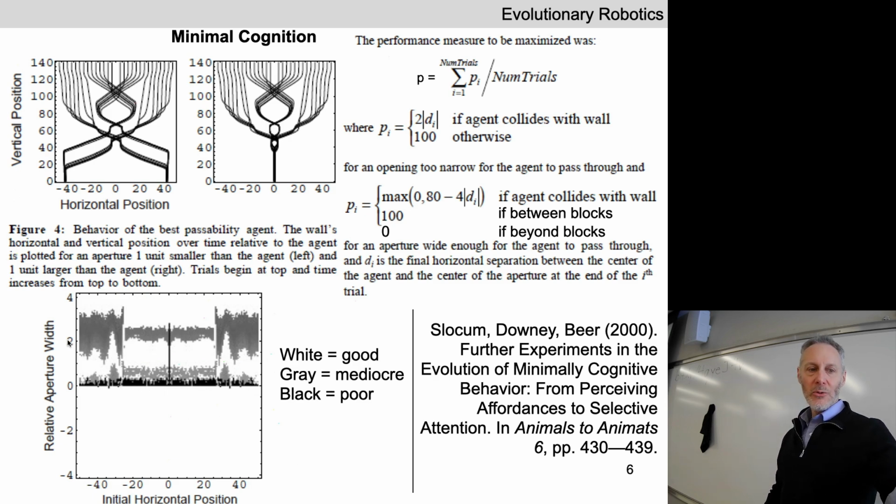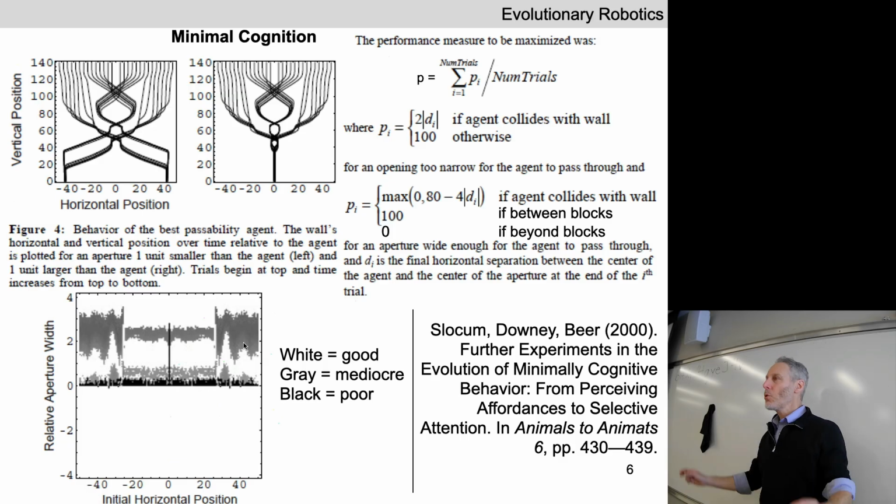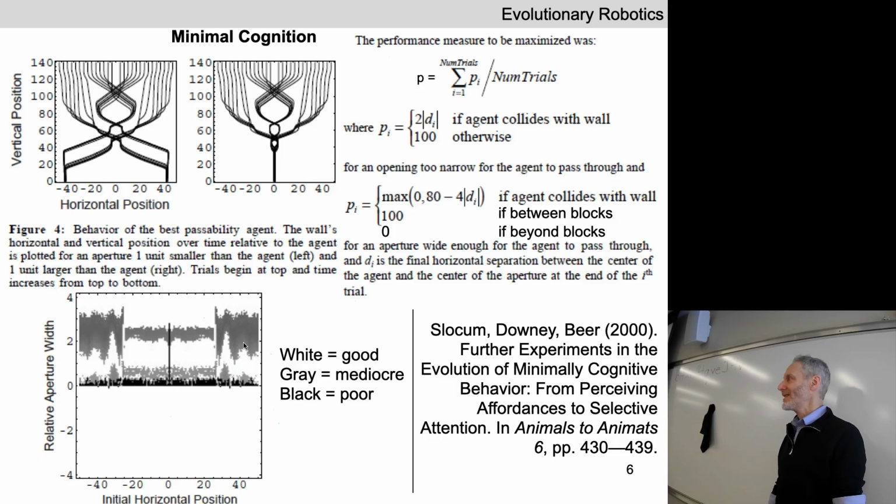And then all these other regions where it's quote unquote not sure what to do. It doesn't quite run away, it doesn't quite get directly underneath, it's getting hit. Remember, this is the best evolved solution, a solution that had almost p equals 100. What's going on? Why so many mistakes?